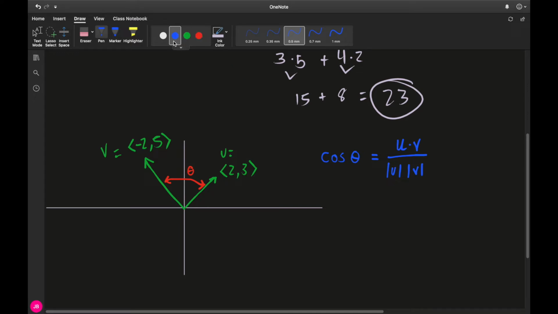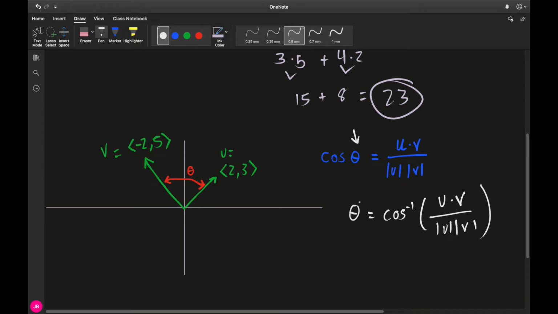So if we are looking for a formula to find theta, then all we have to do is take the inverse cosine of both sides to get theta is equal to the inverse cosine, or the arc cosine, of u dot v divided by the magnitude of each of these.